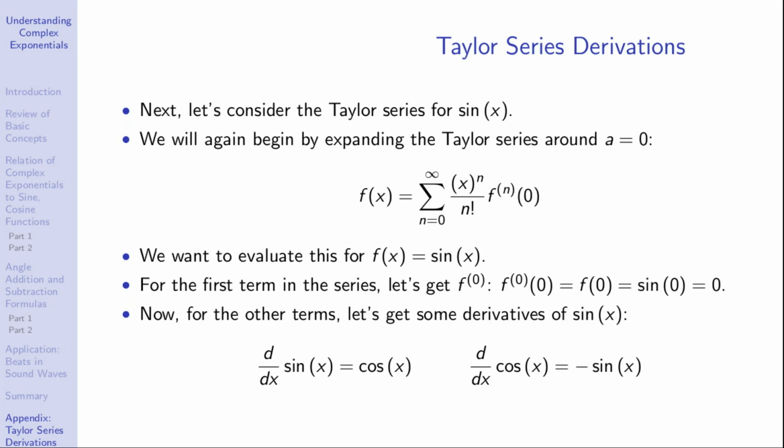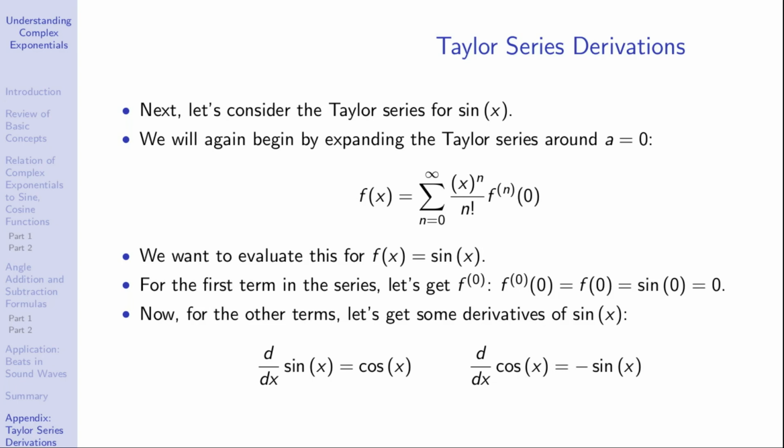So we want to evaluate this for f of x equals sine of x. For the first term in the series, let's get the 0th derivative of f. So the 0th derivative of f evaluated at 0 is just equal to f of 0, and here f is the sine function, so that's the sine of 0, which is 0.